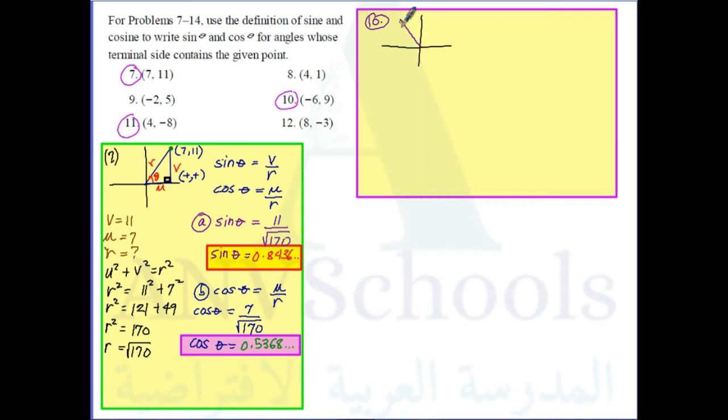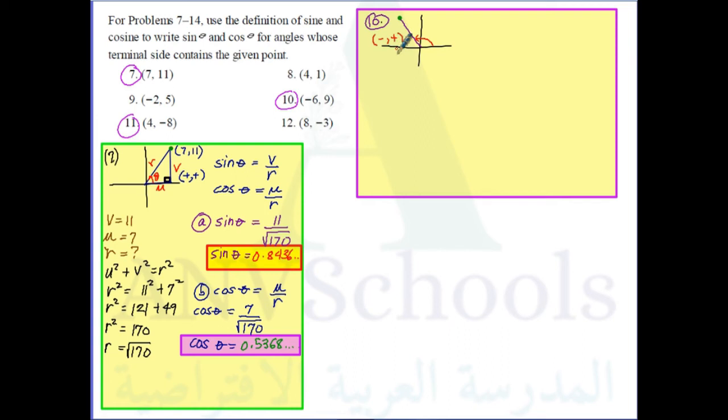This is our sketch, this is our point, and our theta is here. Since this is quadrant 2, our cosine is negative and our sine is positive.